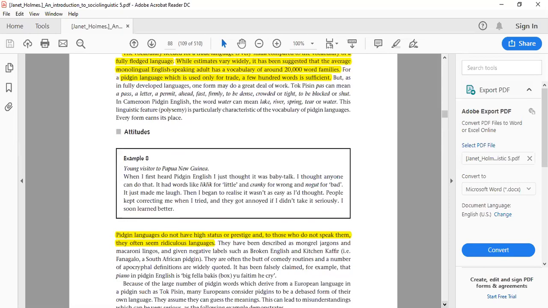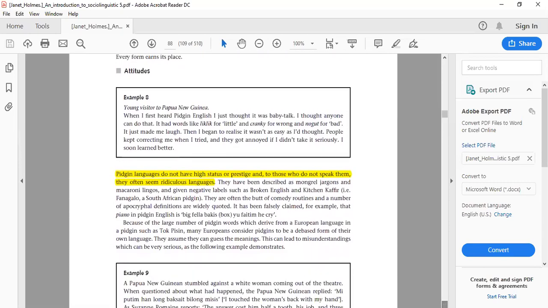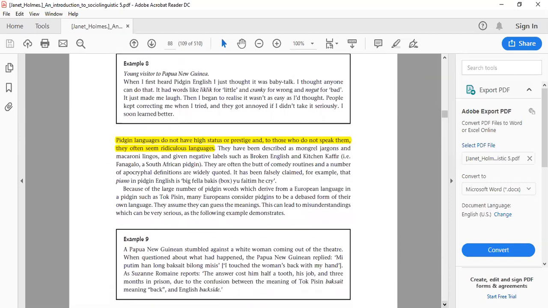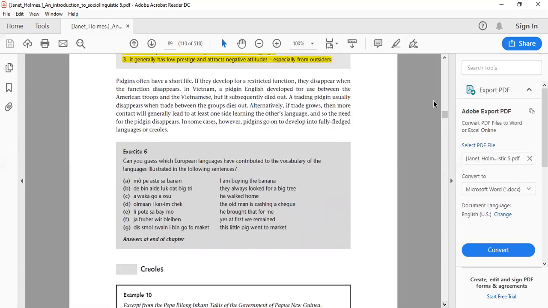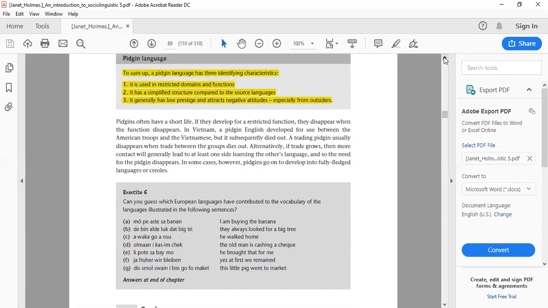Okay, coming towards attitudes, as I've already discussed, there's no such attitude, positive or negative, among speakers towards these languages. So these are the three important points when we talk about Pidgin languages. That is, it is restricted to domains and functions, which I've already discussed. It has a simplified structure compared to the source languages, meaning that because its functions are limited, it has simple sentences and no complex sentences or structures.